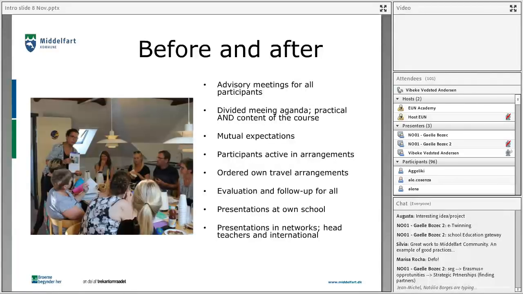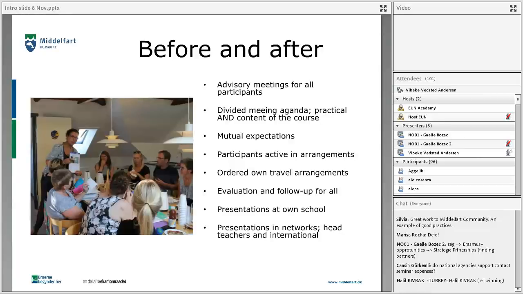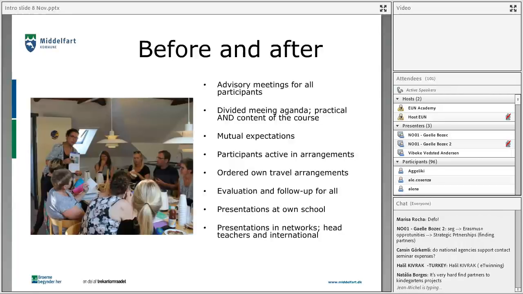We also talked a lot about mutual expectations, what the participants expected from the course, but also what I or the municipality expected from the participants. They were active in all arrangements. They made their own travel arrangements. They could have it the way they wanted it, but it also made them part of this.